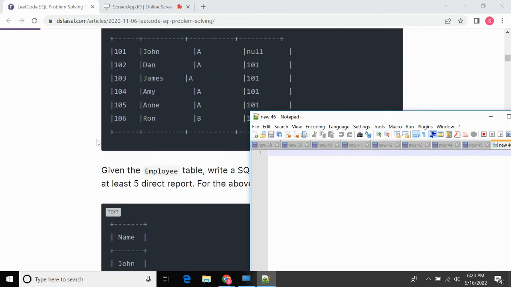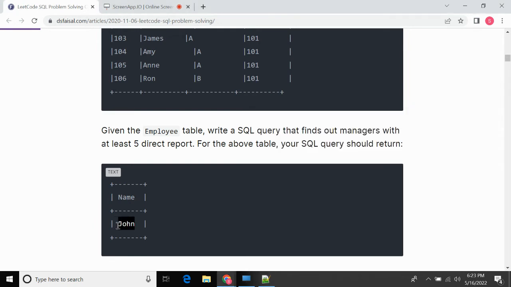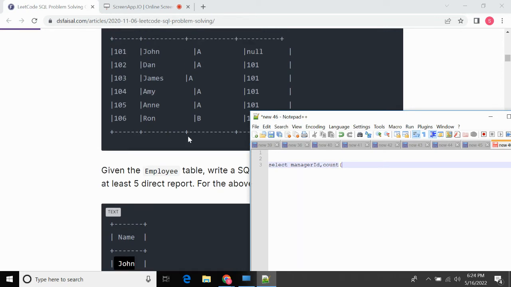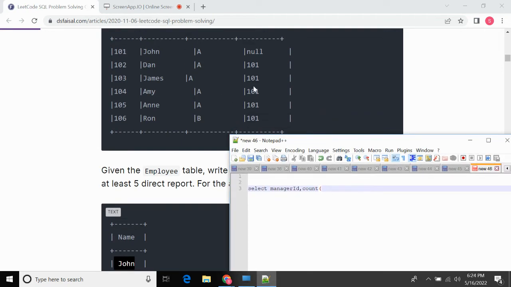So what we have to find out is John. First, just select manager ID, comma, count of ID.